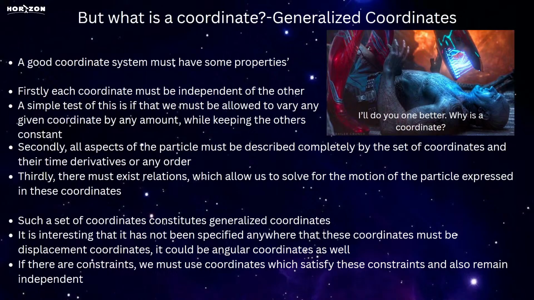By the way, as you can see, we have not said whether the coordinate would be angular or linear. So there is no constraint upon that, and we can choose on our own. But if there are any other constraints, we will have to choose coordinates which satisfy these constraints. And from there, we come on to the Lagrangian formulation of classical mechanics.